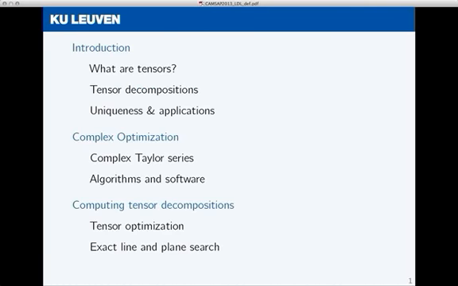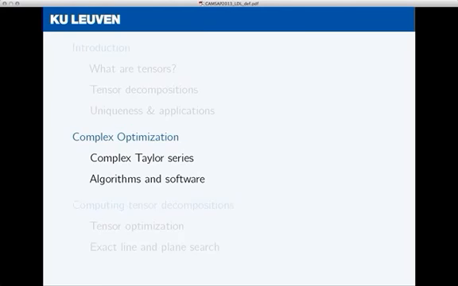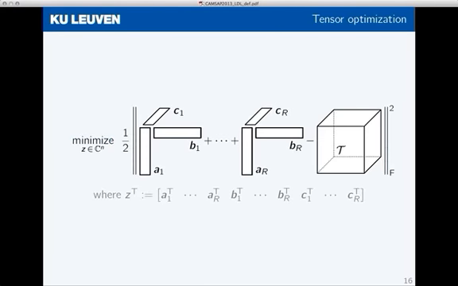Let me say a few things that are of general interest. We started with developing new algorithms for optimization of complex variables, not necessarily tensor decompositions. So, for instance, we want to compute a CPD in an optimization framework.